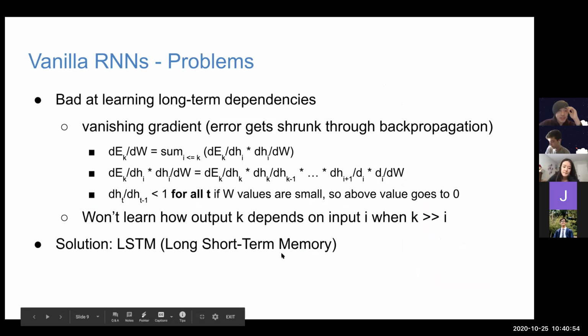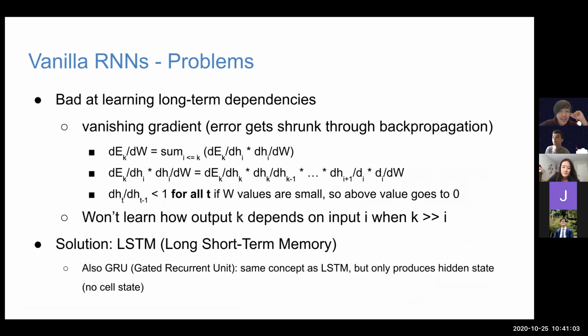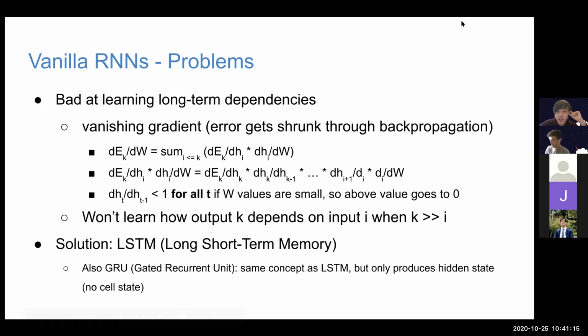So the solution to this vanishing gradient problem is LSTM, which stands for long short-term memory. As a side note, there are also other models. One is the GRU, gated recurrent unit, and they all share the same principle as the LSTM, except the GRU only produces a hidden state and no cell state.